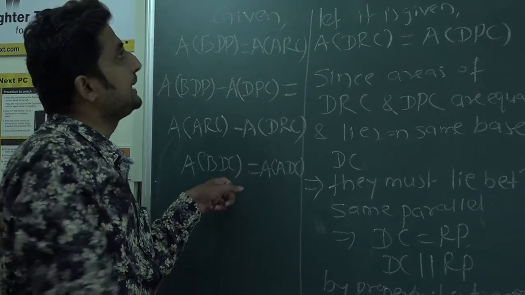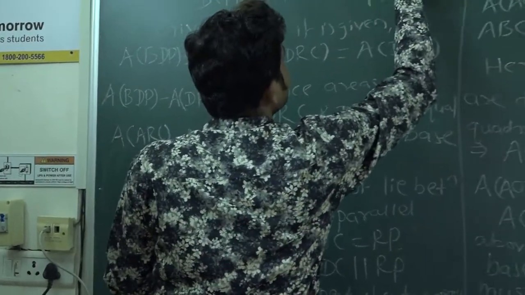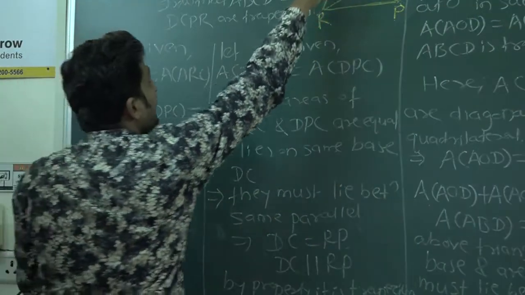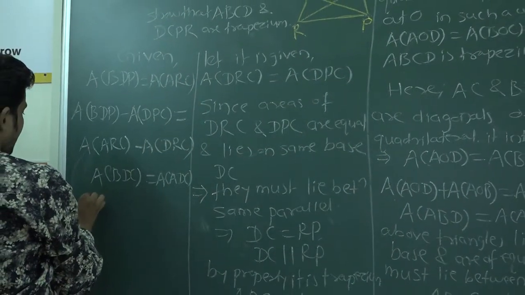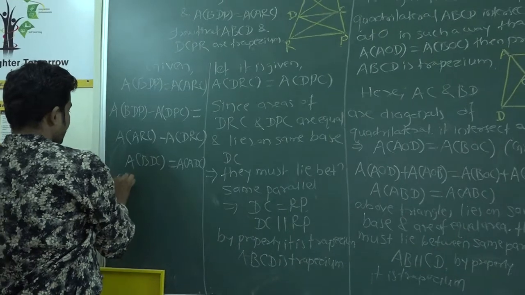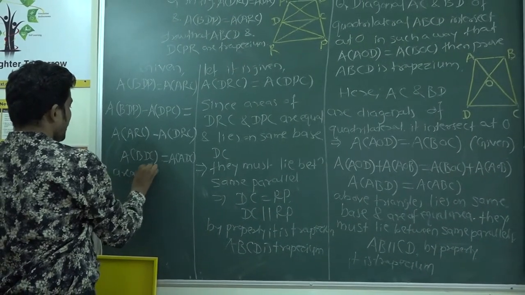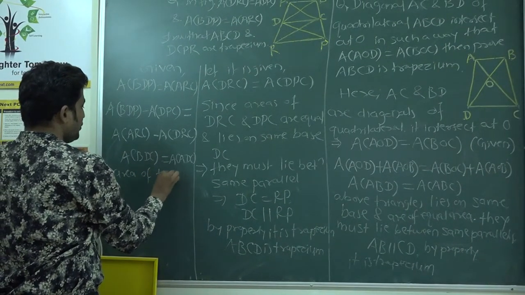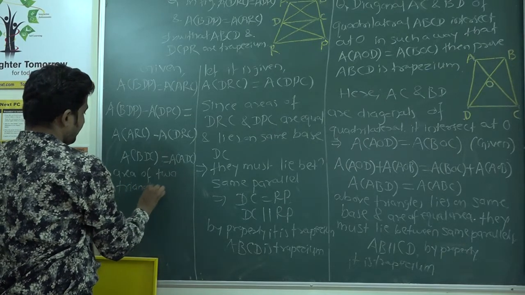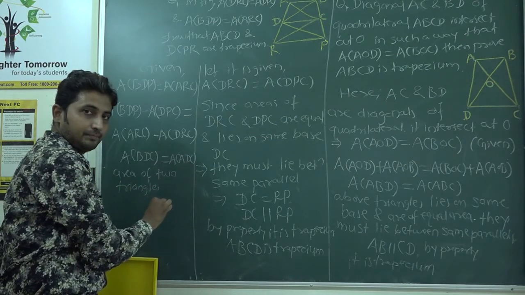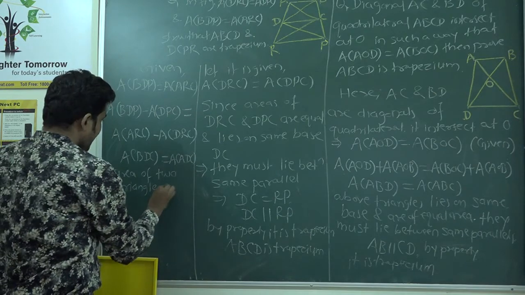Area of BDC is equal to area of ADC. Now tell me here, since the areas of the two triangles are equal.